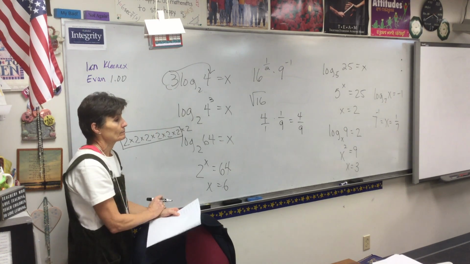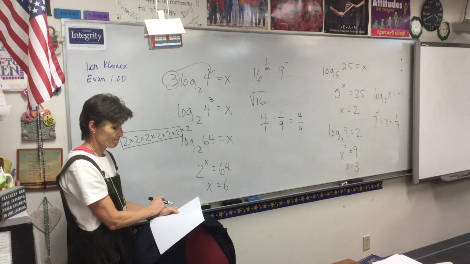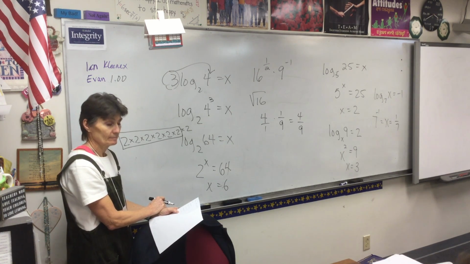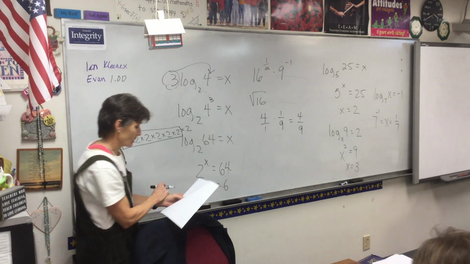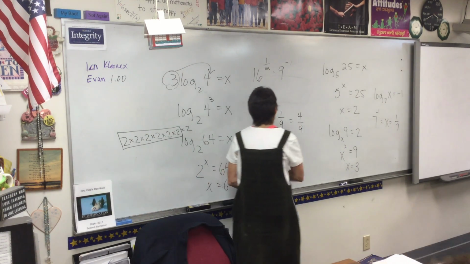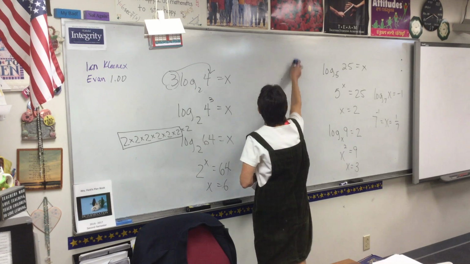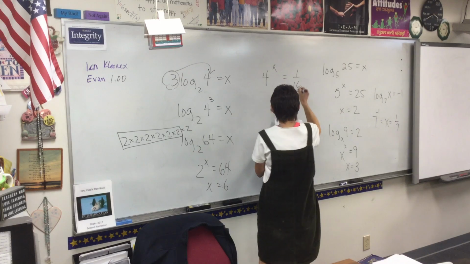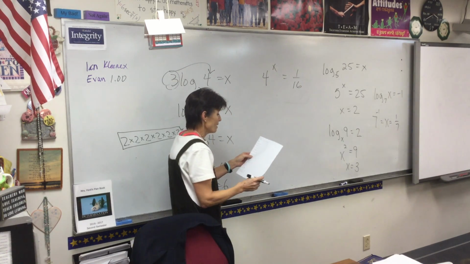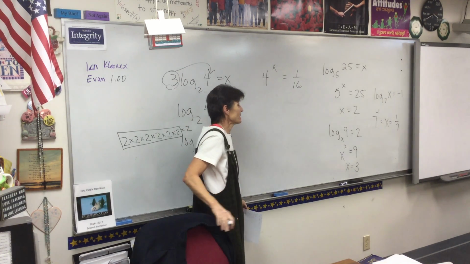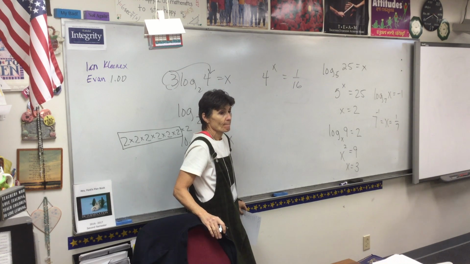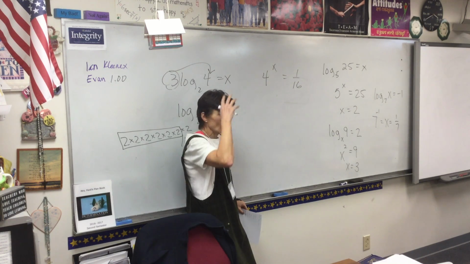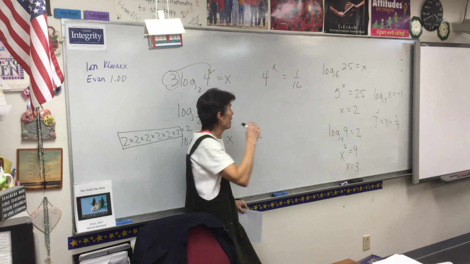E is simple. What's the answer to E? 64, 8 to the second. F is hard. -2, very good. Would everybody agree that F says 4 to the x equals 1/16? It would be -2 because of the 1/16. Our minds are just going 100 miles an hour.